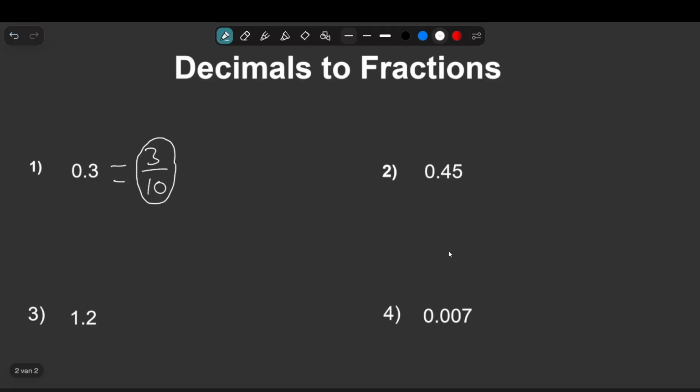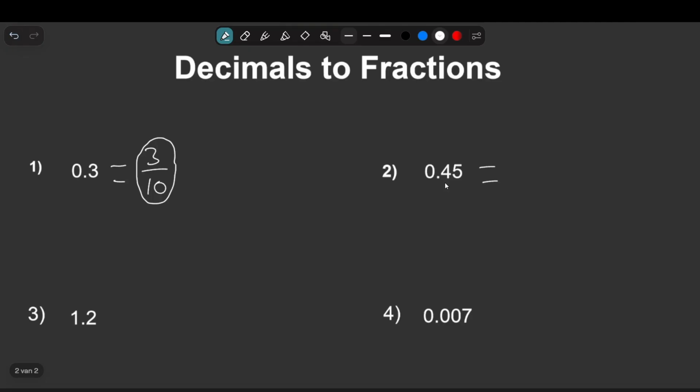Now let's go over to the second example. For the second example we have 0.45. We want to turn that into a fraction again. So again, we're going to look at in what place the decimal ends.